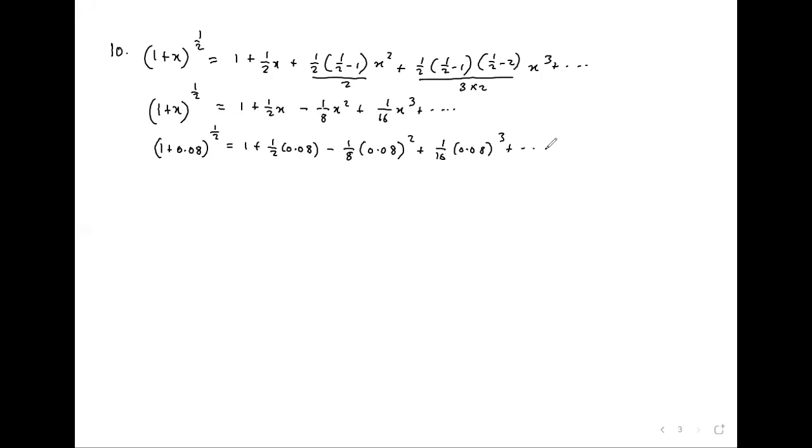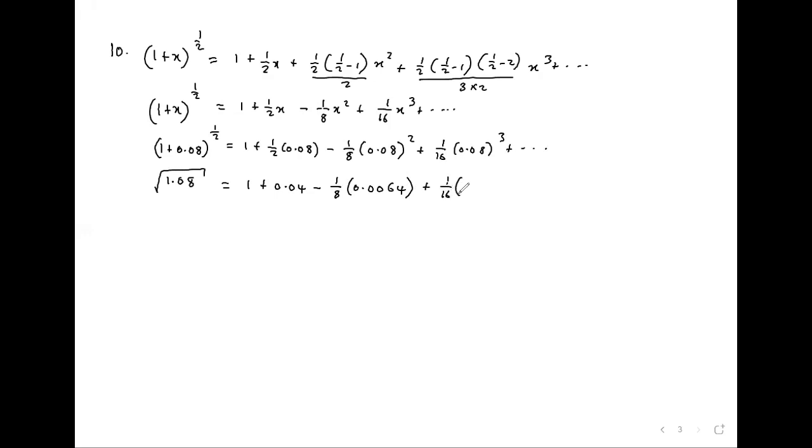First we simplify. 1.08 to the power half, the same as the square root, is equal to 1 plus 0.04 minus 1 over 8 of 0.0064 plus 1 over 16.